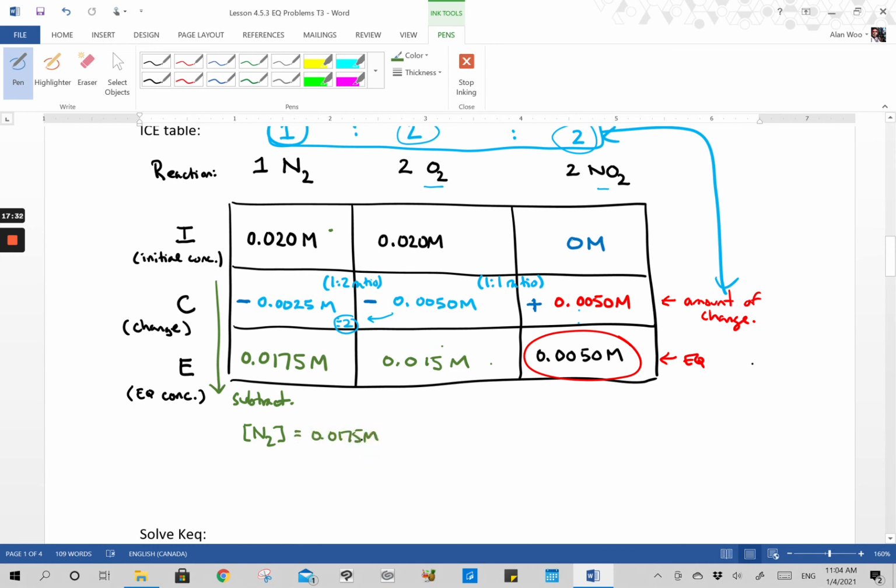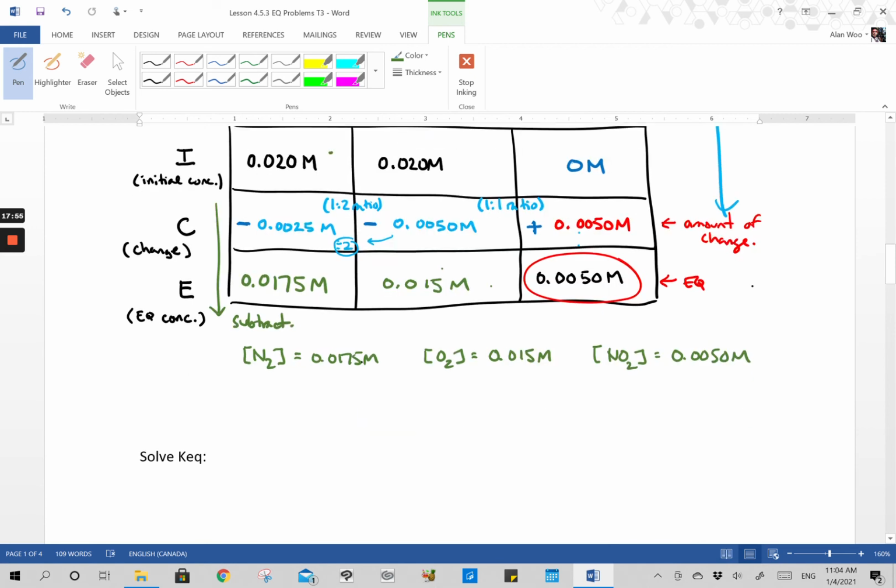It gives us the concentration of O2 at equilibrium. And of course, we have the concentration of NO2 at equilibrium. So using these three values, we can now solve for KEQ.